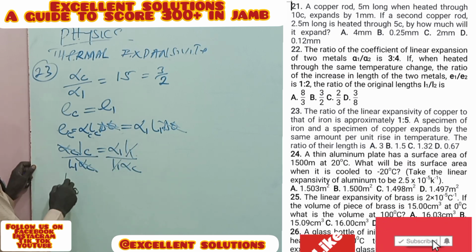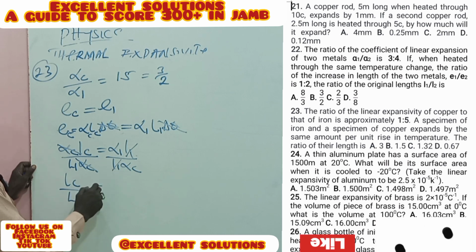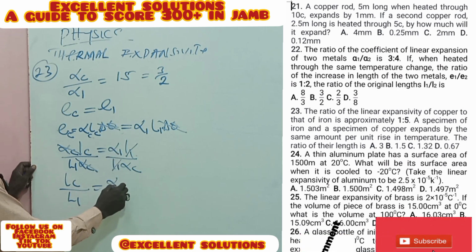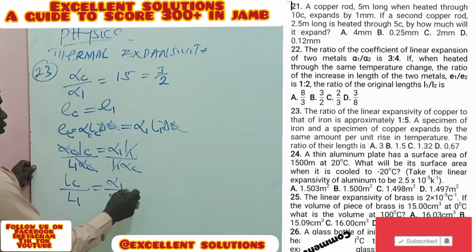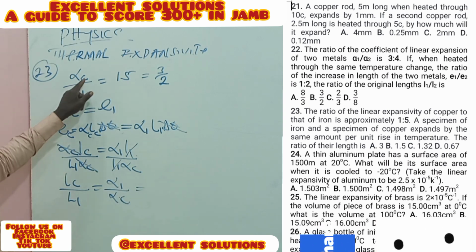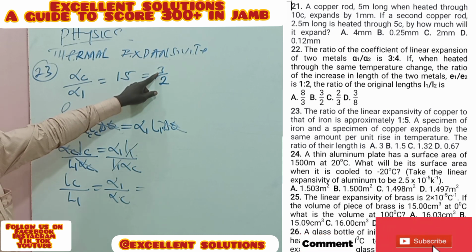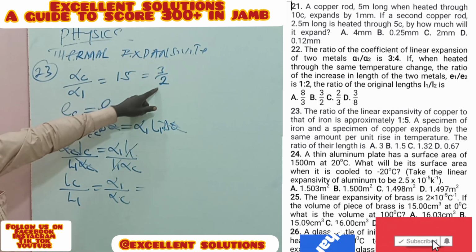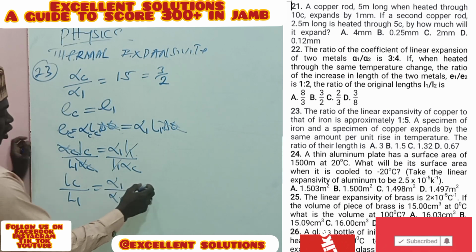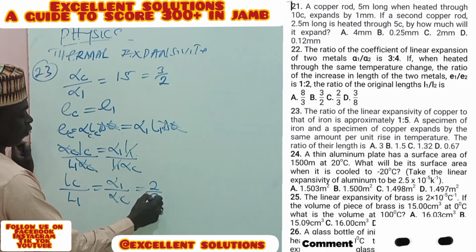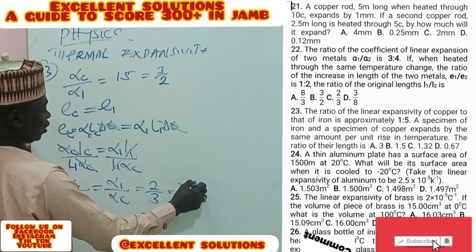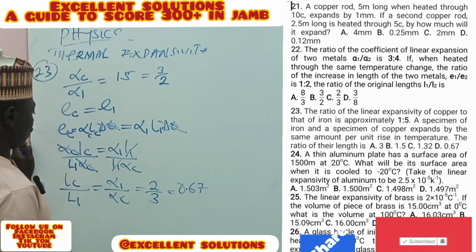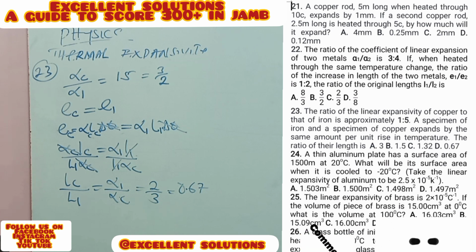We are now having length of copper over length of iron equals alpha of iron over alpha of copper. So if we look here, alpha of copper is 3, alpha of iron is 2. So we can now say this is the same as 2 over 3, which is the same as 0.67. So this one can give us 0.67.